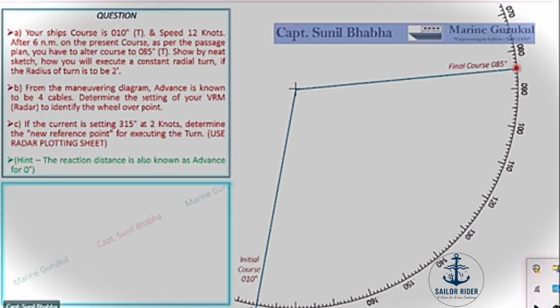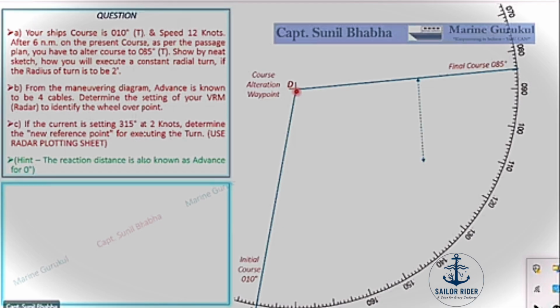So we have the initial and final courses coming up on the diagram. Now the center of the radar plotting sheet is our course alteration point or the waypoint. Let's name the waypoint as Delta.